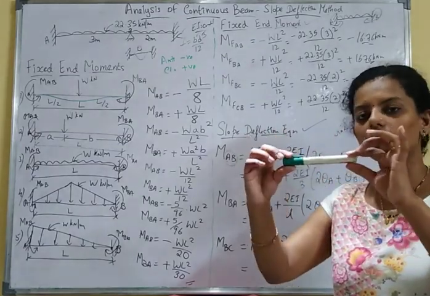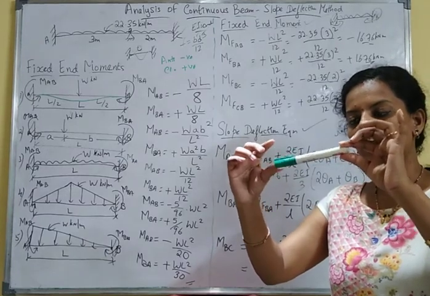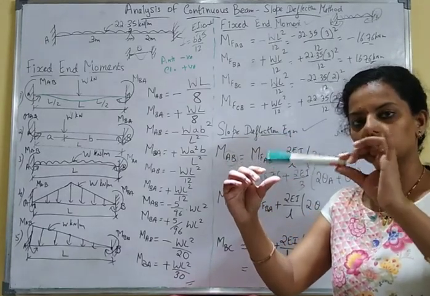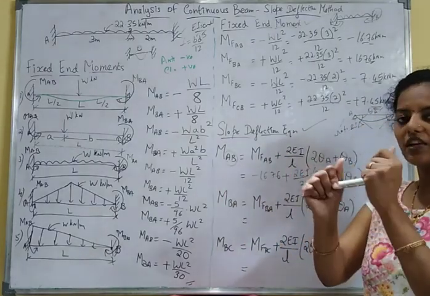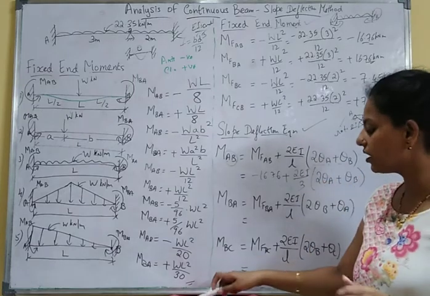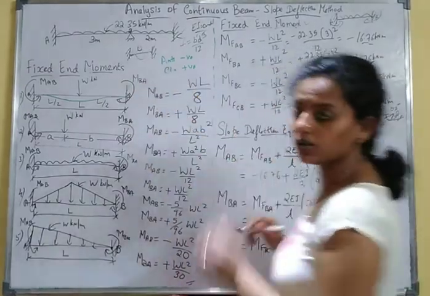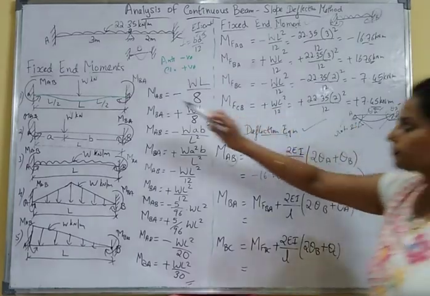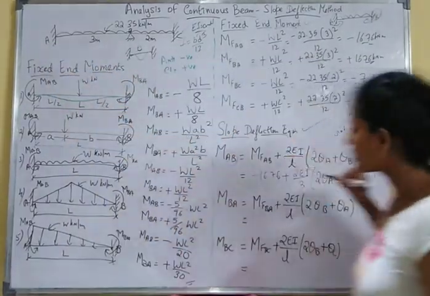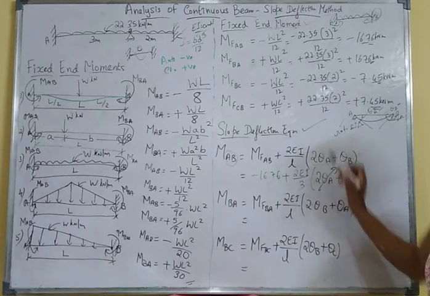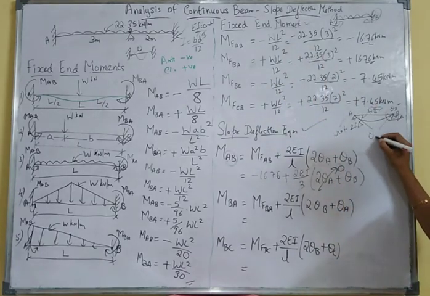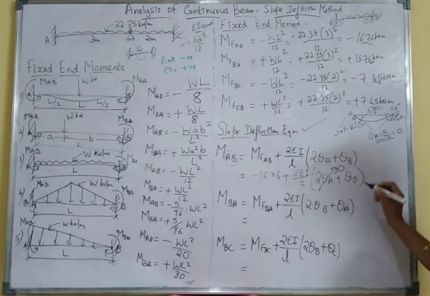Suppose it is pinned or hinged, then it can rotate, and in that case you will have a rotation theta. If it is a fixed joint, there is no rotation, so that rotation will be equal to 0. So here theta A and theta C are equal to 0. Theta A is 0, so you will have only theta B.